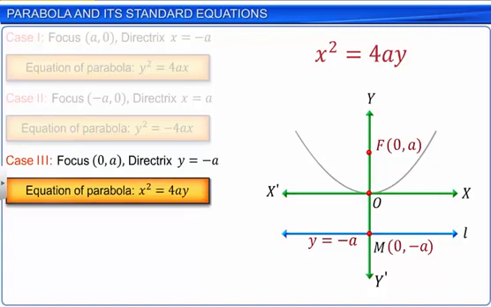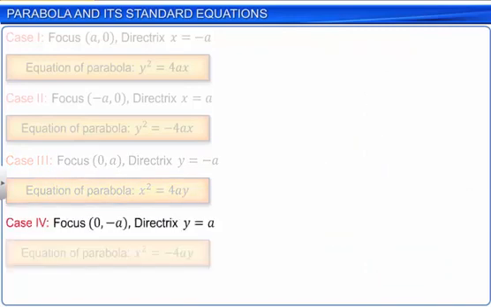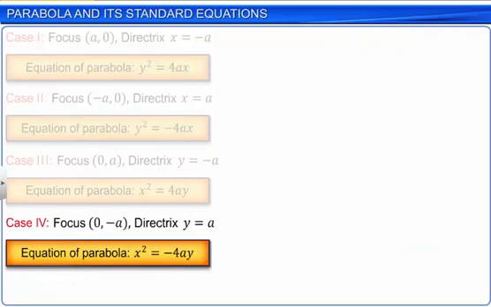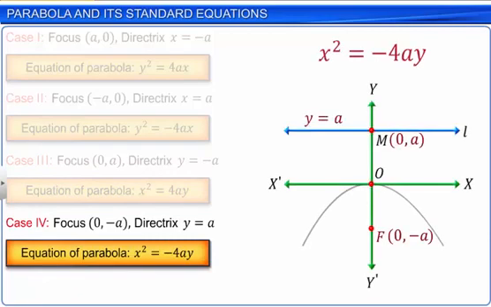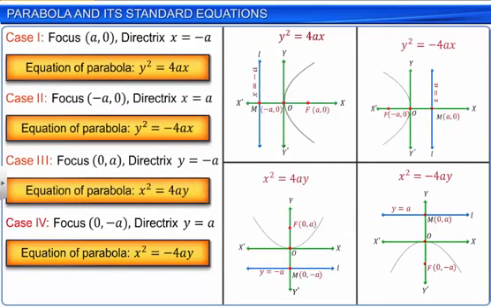And the equation of the parabola with the axis of symmetry along the y-axis, the vertex at origin, the focus at (0, minus a), and directrix y is equal to a, is x square is equal to minus 4ay. These four equations are called the standard equations of a parabola.